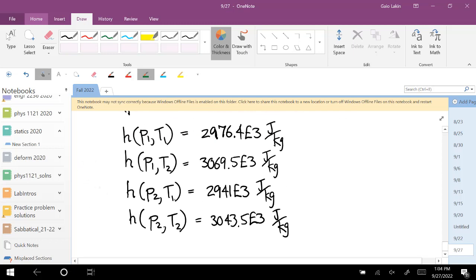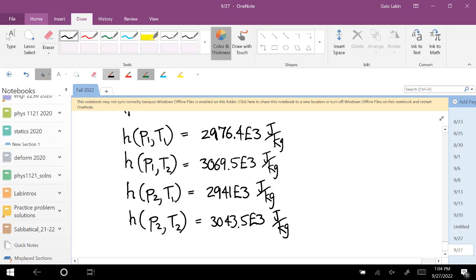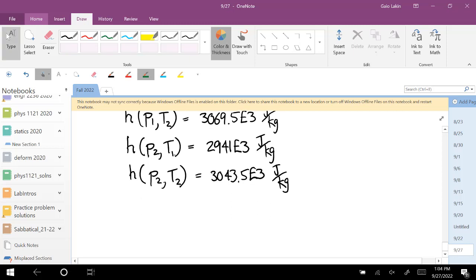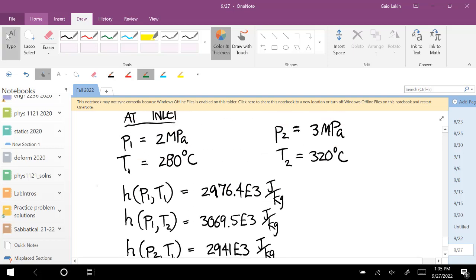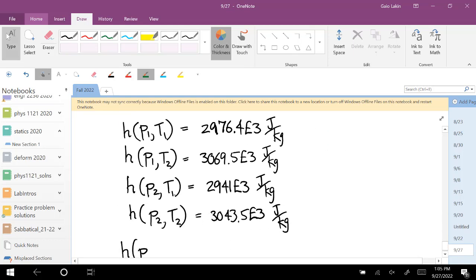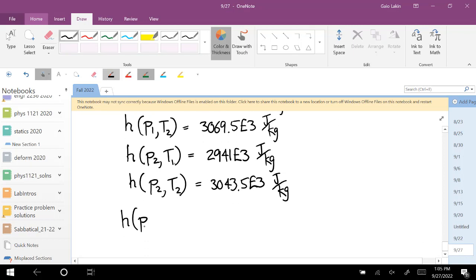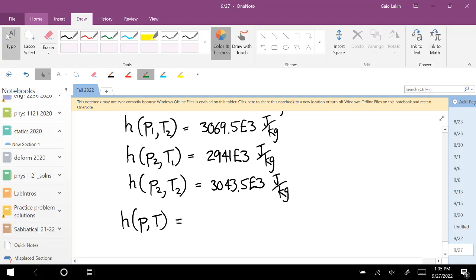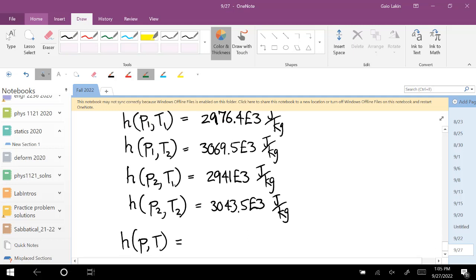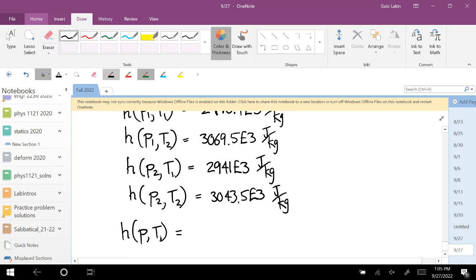So now I'm going to interpolate first over P and second over T. So h of the P that I want, I'll just call that P. This is at a pressure of 2.07 megapascals. And this should be T1.